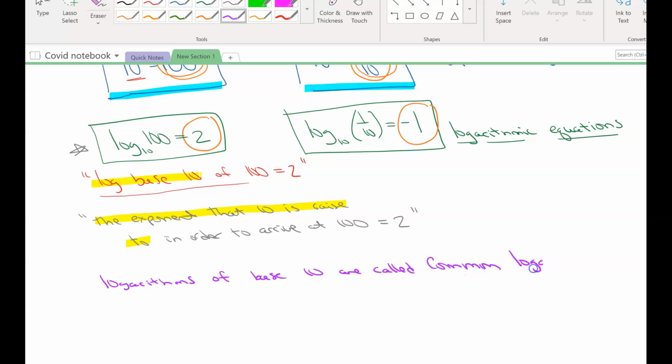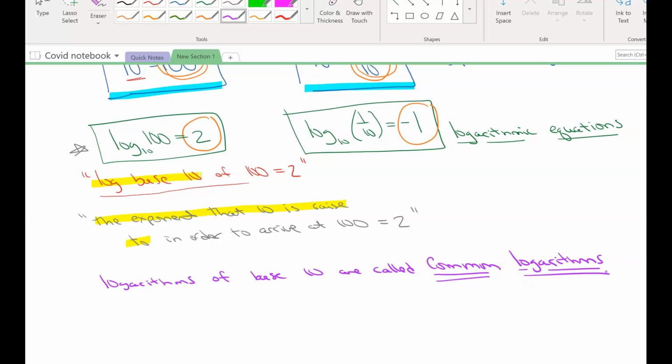They're the most common in applications, everyone. They're the most common when we're talking about growth. There's something called logarithmic bounded growth you'll study next year. Common logarithms, base 10 growth is the most common. Logarithms of base 10 are called common logarithms.